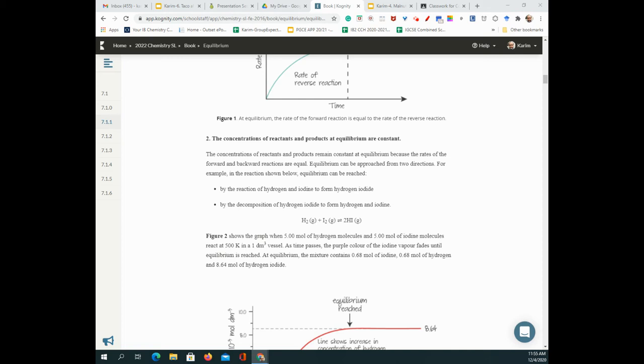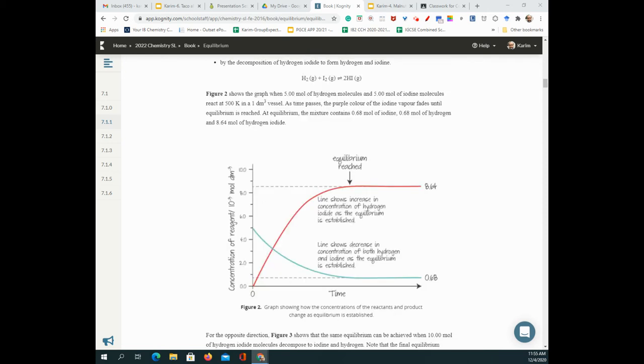Okay, now here we have an example, the decomposition of hydrogen iodide or the formation of hydrogen iodide by the reaction of hydrogen and iodine. All right. The figure shows this formation, right?